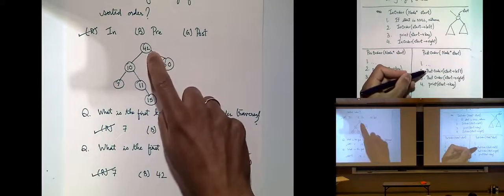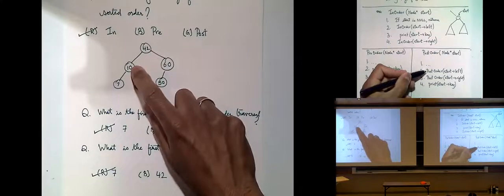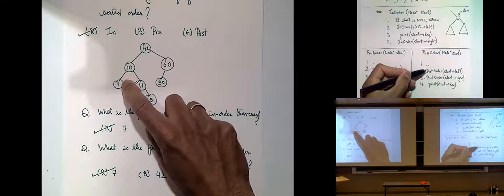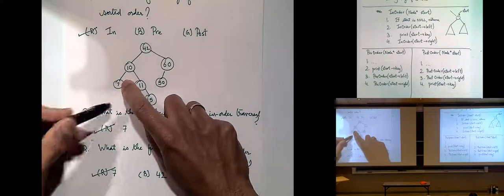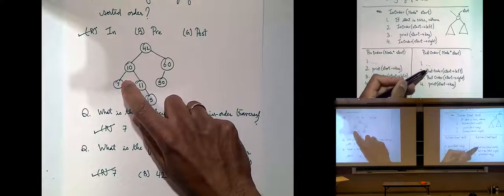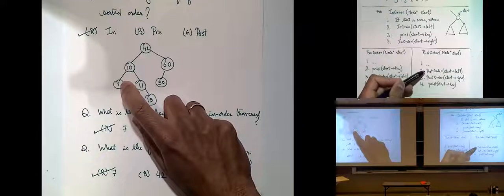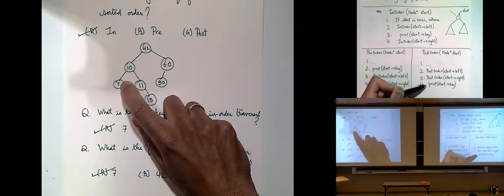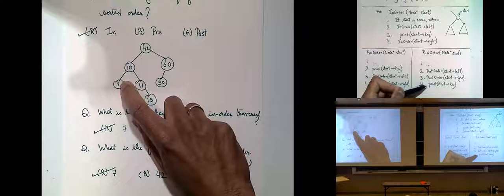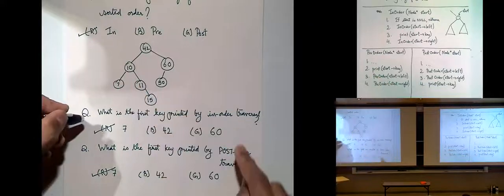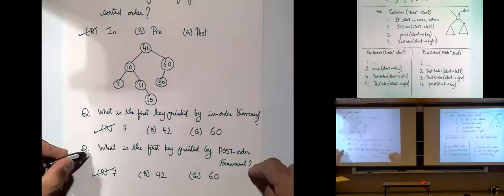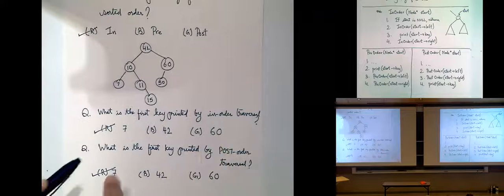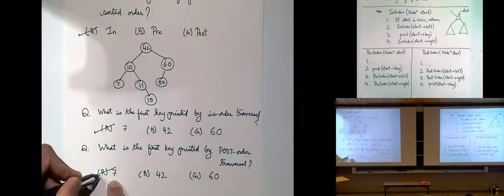So starting from the root, it makes a recursive call to the left. Then it makes a recursive call to the left again. Now both the children are null. So both the child calls from here return null. So it prints nothing, and then it prints 7. So both the in-order traversal and the post-order traversal print 7 as the first key.